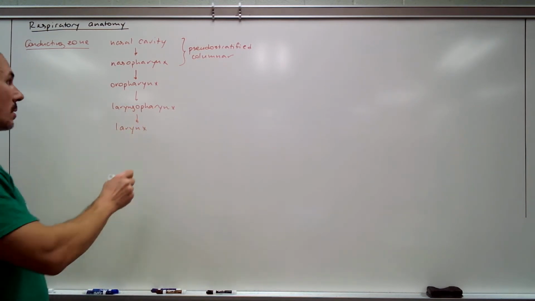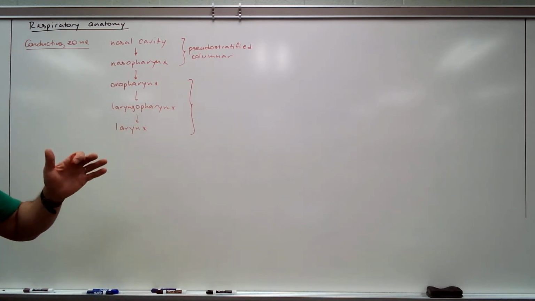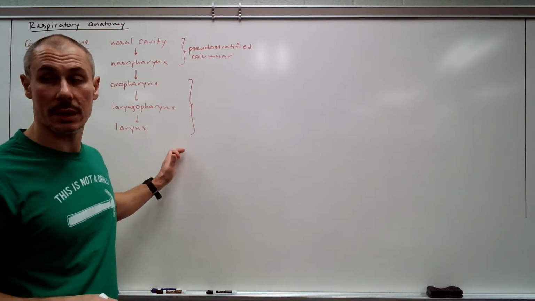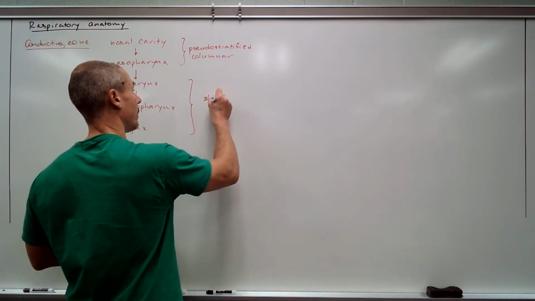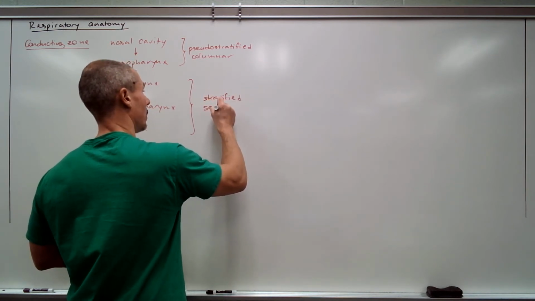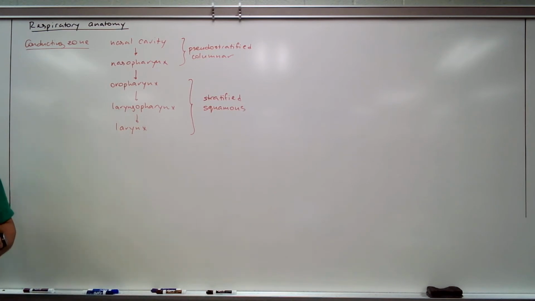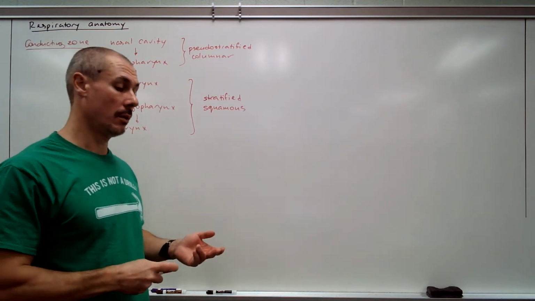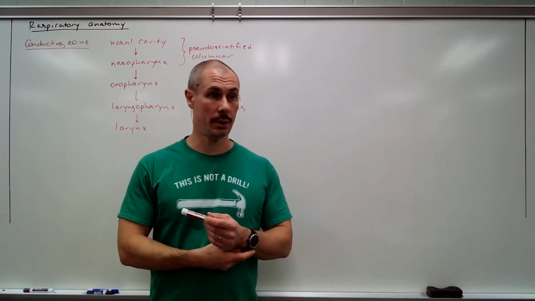So these three parts, well, for our intents and purposes, I'll specify what happens in the larynx, but they are covered with a stratified squamous epithelium. The reason for it is that the oropharynx, laryngopharynx, and technically a part of the larynx can get in contact with food.